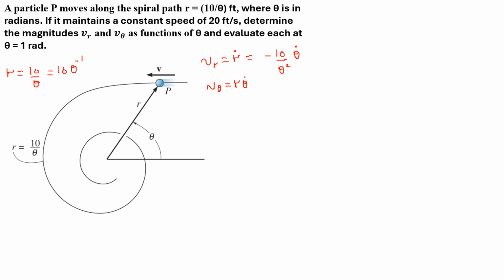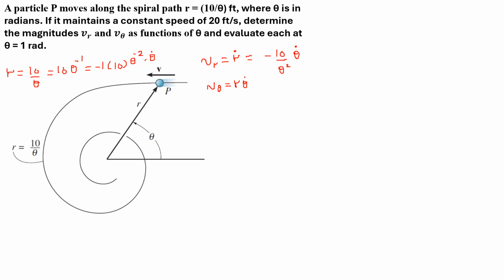Then I take the derivative, which will be negative 1 times 10 theta to the power negative 2. Now, since we take the time derivative, times theta dot. If you look at this result, it's the same. So I just wanted to remind you how to do that. So that's for Vr.